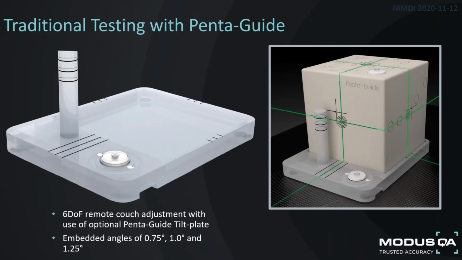So, with the addition of our optional Penta-Guide tilt plate, you can now add intuitive testing ability for a relatively complex problem. So the tilt plate itself has embedded angles of 0.75, 1, and 1.25 degrees into the surface where the Penta-Guide sits. It also has guidelines for your initial laser positions to provide you known translations from multiple directions.